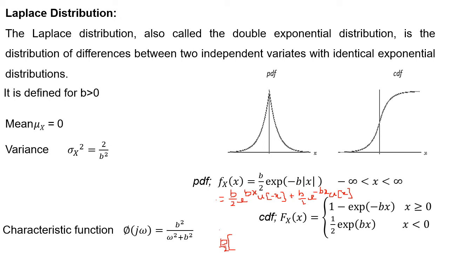Then it is the integration from minus infinity to 0 of e^(bx) dx plus the integration from 0 to infinity of e^(-bx) dx. When you simplify this, you get 1 minus (1/2) exp(-bx) for all values of x greater than or equal to 0, and (1/2) exp(bx) for all values of x less than 0.